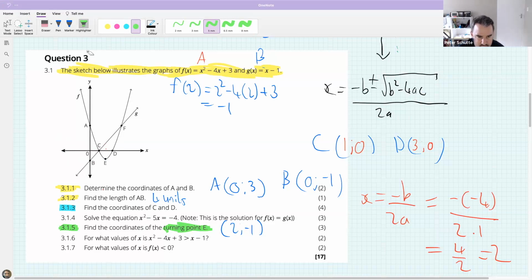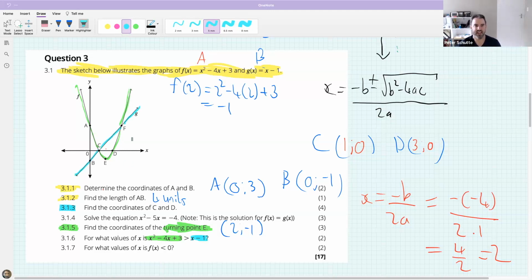So imagine that x squared minus 4x plus 3, that graph is the parabola. If we just focus on that as one color, there it is there. The straight line is x minus 1, and I'm going to make that look like that.